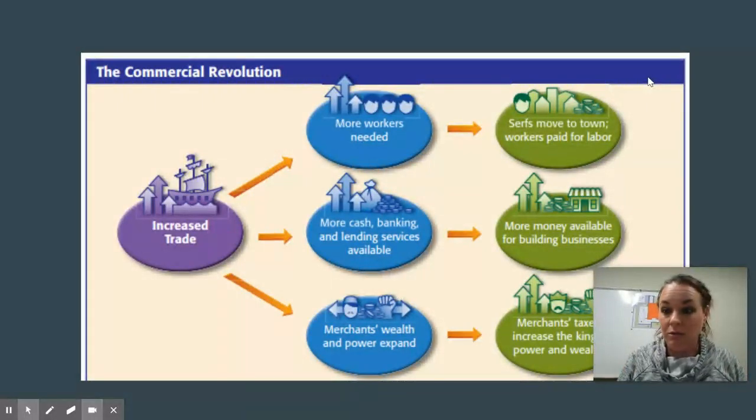It's that opportunity. And then the bottom right green bubble, I want you to pay attention to, because this is a huge foreshadowing into Unit 8. It says merchants' taxes increase the king's power and wealth. So Unit 8 is about the absolute monarchs of Europe, who, of course, have absolute power during this time frame, and they are raking in the money.